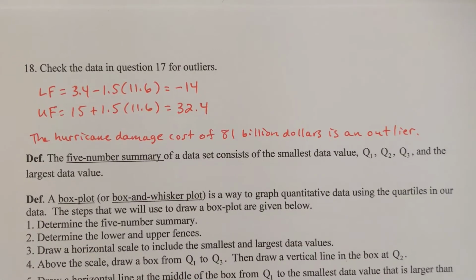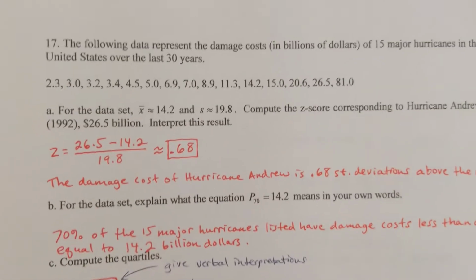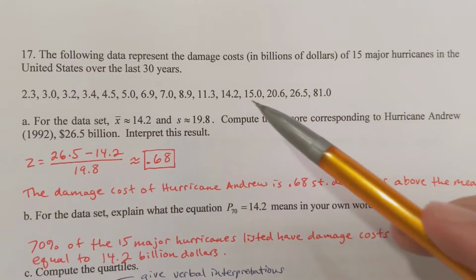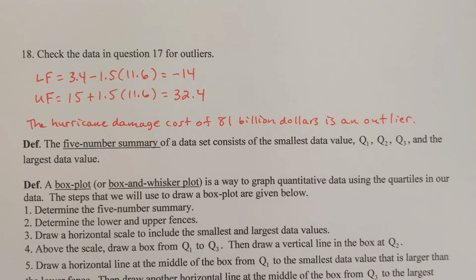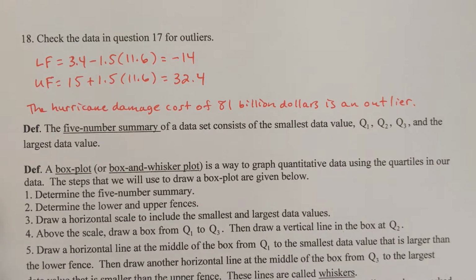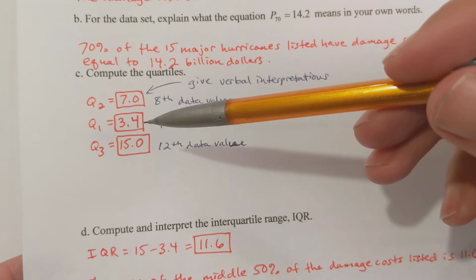Problem 18: we're going to check the data in question 17 for any outliers. Question 17 was the hurricane damage costs problem. So I need to compute the fences. The first and third quartiles I've already found are 3.4 and 15.